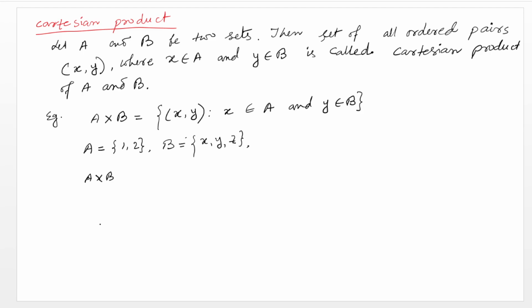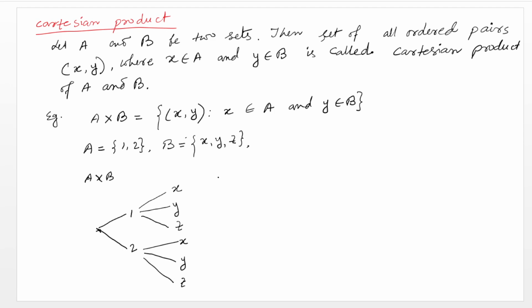So we can write it in that way. This is a set: it is 1, 2 for set A, and for set B it will be x, y and z.